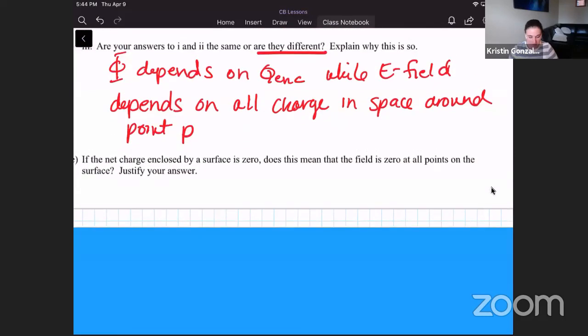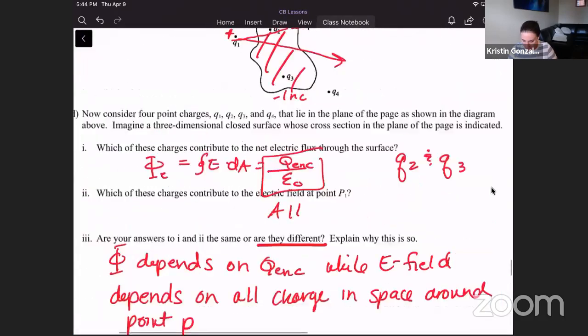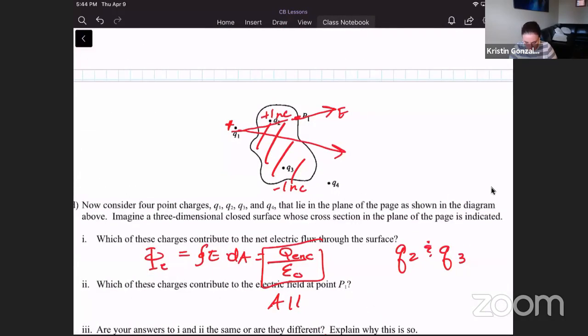Okay. Well, the answer is no, it doesn't have to, because the electric field is not the same everywhere, right? If I look at this point, the electric field at this point, which is due to all of these charges, is not going to be the same as the electric field at this point on the surface.